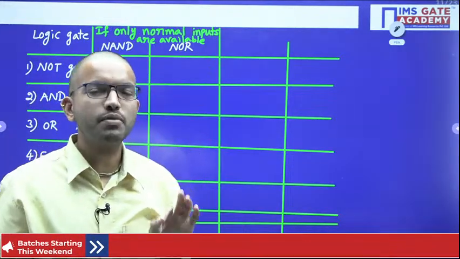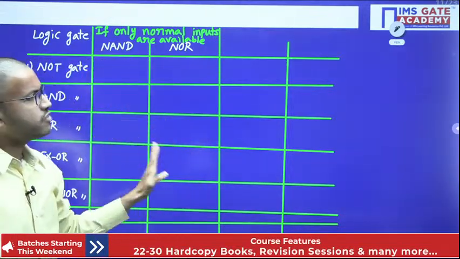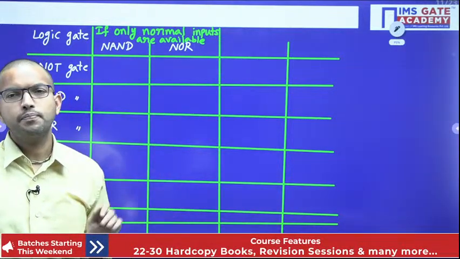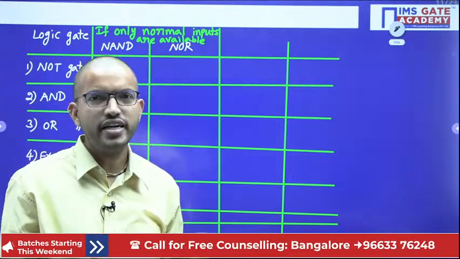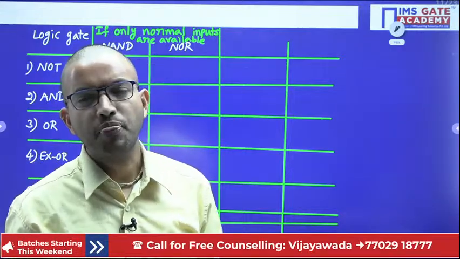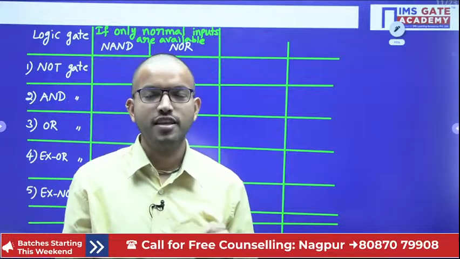If you are missing that main keyword, what will happen? You may be correct in whatever answer you are providing, but according to the context, if that is not correct, then even though you are good at the concept, your answer will be wrong, right? So try to avoid such silly mistakes in the GATE exam. Don't be overconfident, especially when you know the concept very well.